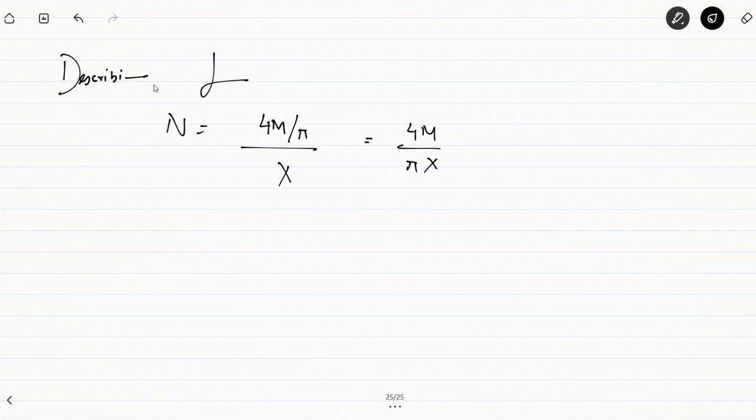Fine. So this is a fairly simple case. We'll continue with deriving the describing function of various functions.